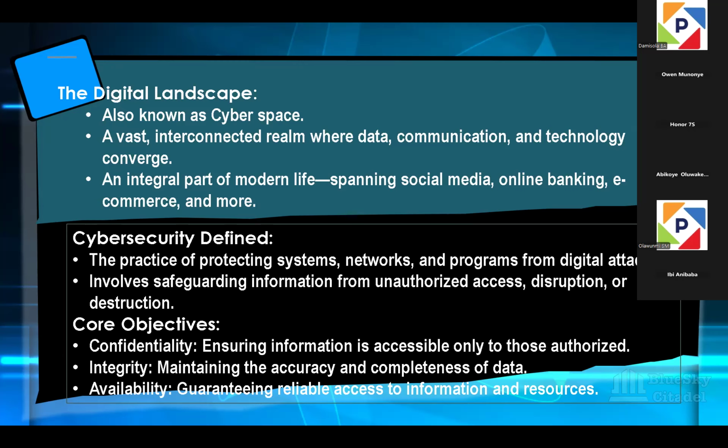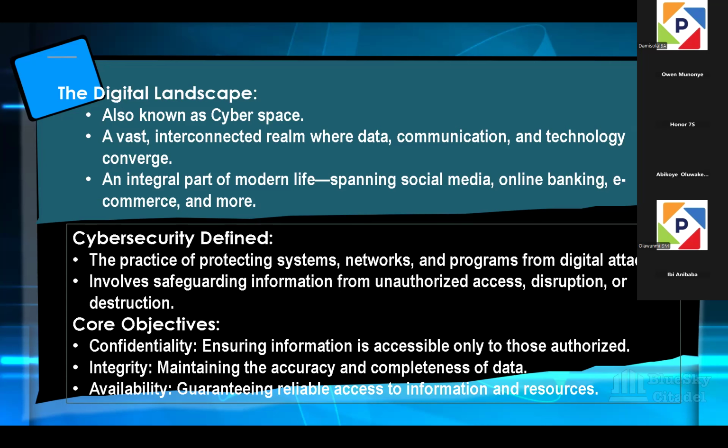Then we have integrity. When we talk about integrity, it means that the information is accurate. Like when some hackers get into some websites and mess them up, or they penetrate into some database and mess the information up, automatically there is a breach.